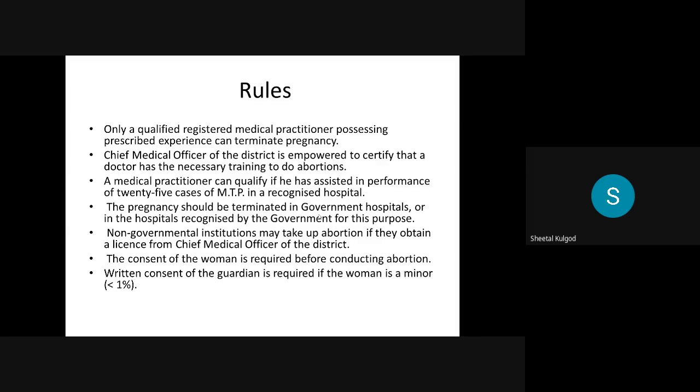But if it's non-government, then we need to apply for permission to the DHO's office and submit certain documents which they require, especially the qualifications of the person doing the procedure, as well as the availability of the place with the facilities, like the OT facilities and the labor facilities, which have to be mentioned. Once they check that all these criteria are fulfilled, the district health officer will give a license or a certificate to allow the particular place to be used for MTP services. So these are the different rules which apply for the MTP.